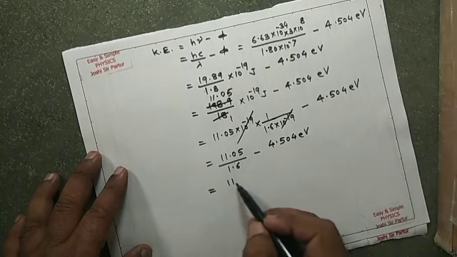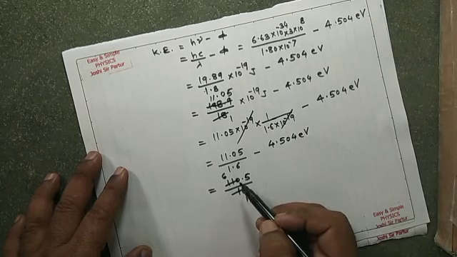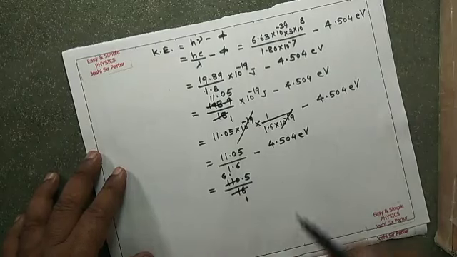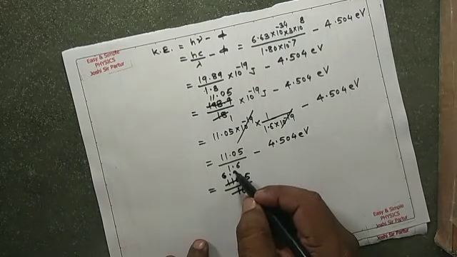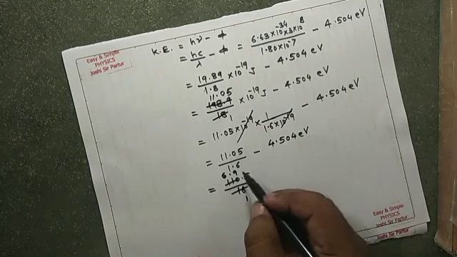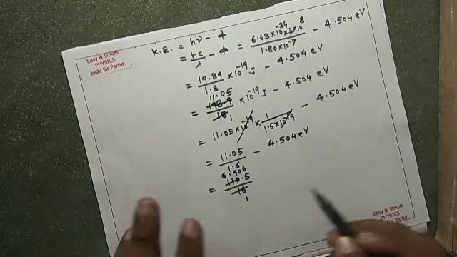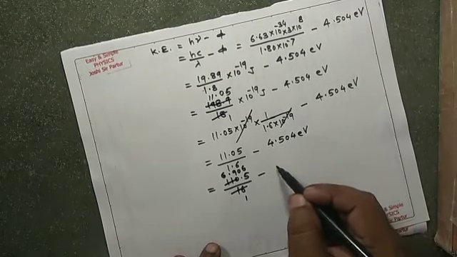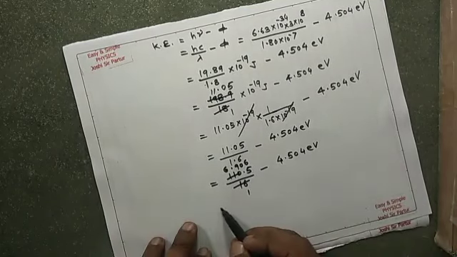So it is 110.5 divided by 16. 16 ones are 16, 16 sixes are 96. So 14 will be remaining, so it is 145. 16 nines are 144, 1 will be remaining, that is 100, and so 16 sixes are 96, minus 4.504 electron volt.